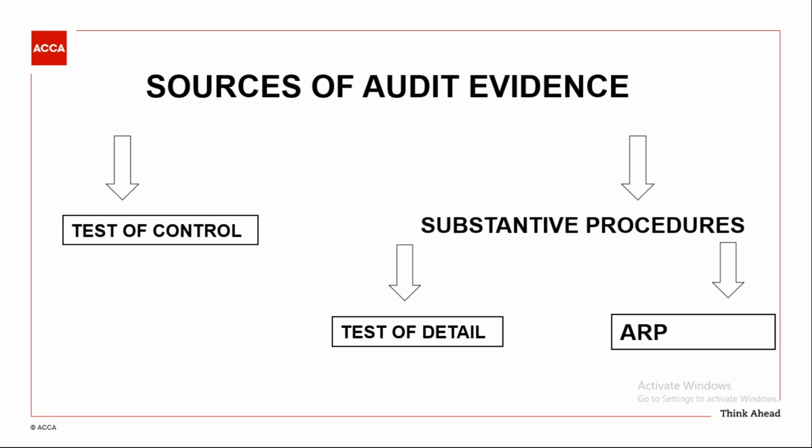By performing both, the auditor obtains sufficient and appropriate audit evidence, then moves to the completion part, and finally reports the opinion. Substantive audit procedures deal with tests of detail and analytical review procedures. Today we're going to discuss this substantive procedure part, because yesterday we discussed test of control. Clear? Right.